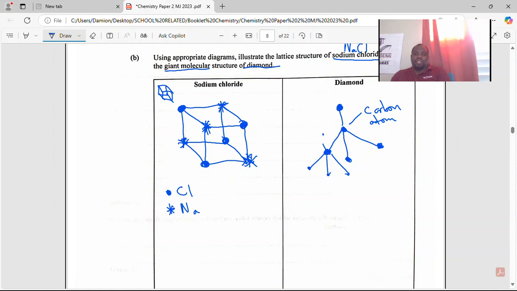It's one of the strongest substances known to man as well, and so we use diamond in the drill. We use it in the bits of drill that we're digging into the earth for oil.